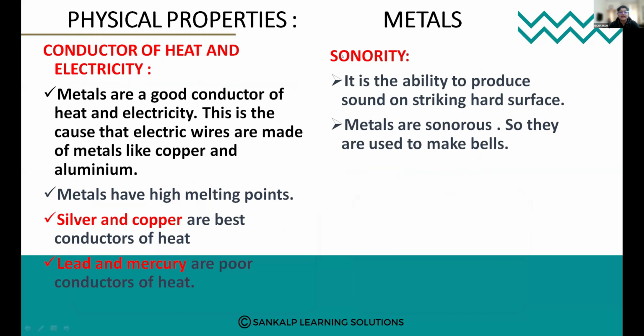Next, the next physical property is that metals are good conductors of heat and electricity. Metals are generally good conductors of heat and electricity. Because of this, what is there in electric wires?